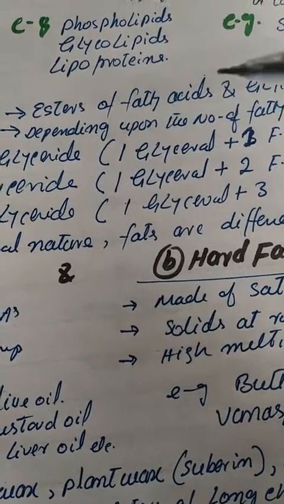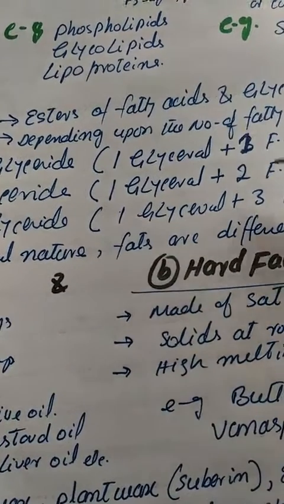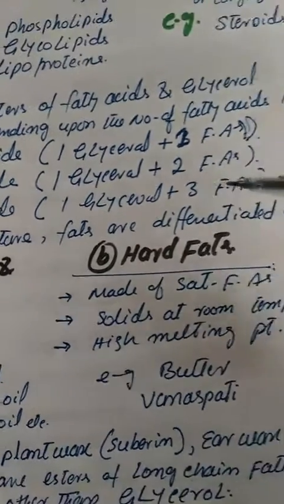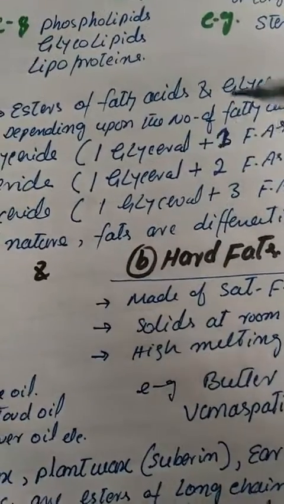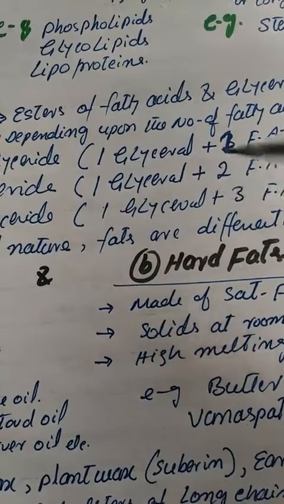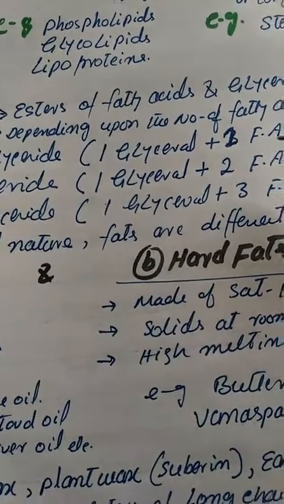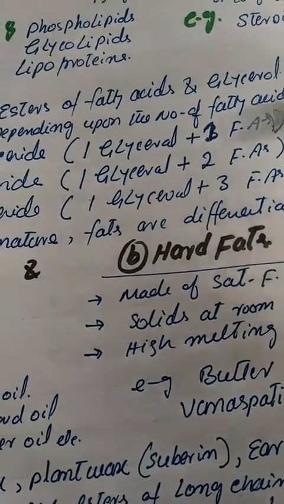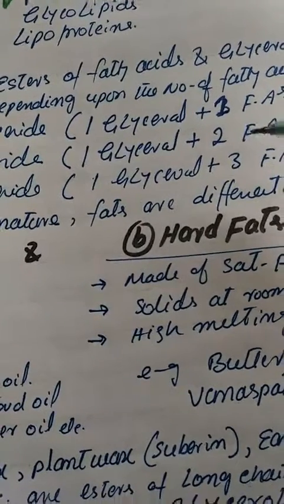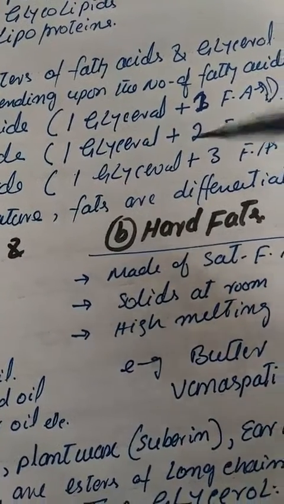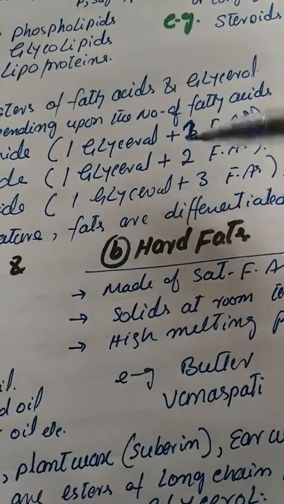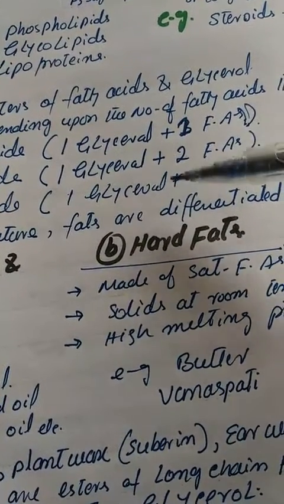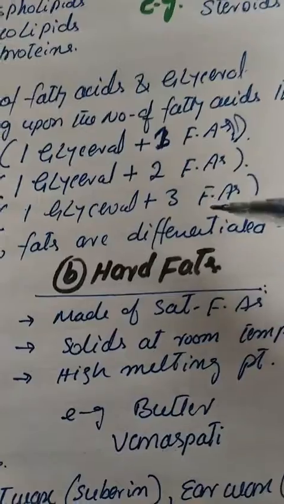If the glycerol combines with 2 fatty acids, then a diglyceride is formed. And similarly, if all the 3 hydroxyl groups combine with the 3 fatty acid molecules, then a triglyceride is formed, that is by the combination of one glycerol with 3 fatty acids.